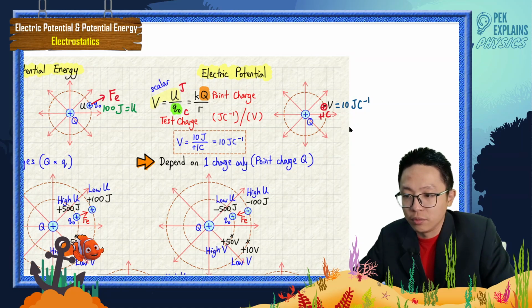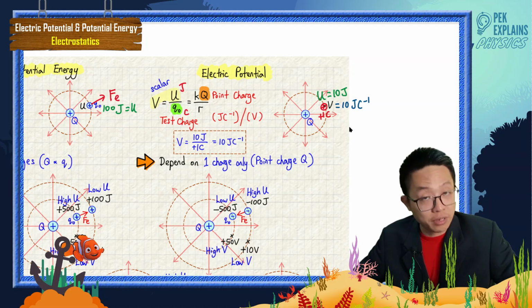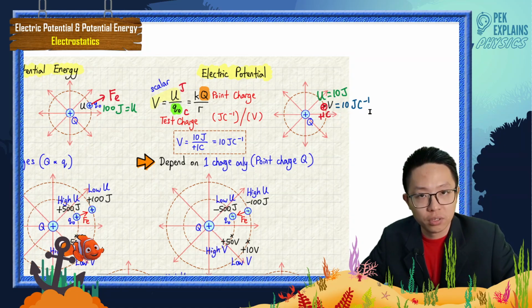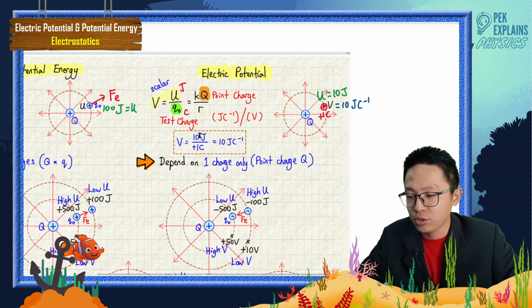This positive 1 coulomb will have 10 joule of potential energy. That is what is meant by a potential of 10 joule per coulomb. That means it's 10 joule per positive 1 coulomb.